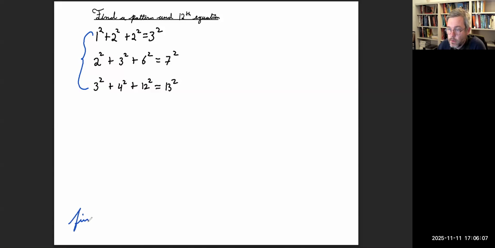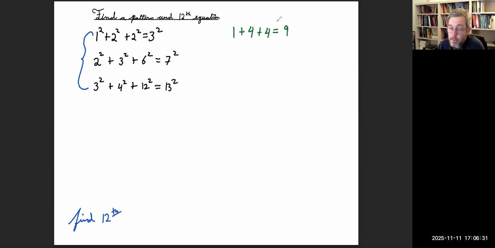Find the 12th. Okay, so that's the goal. Now, you're saying, well, hold on now. Shouldn't this be a 5? We can check and see if it's true. 1 squared is 1. 2 squared is 4. 2 squared is 4. 3 squared is 9.